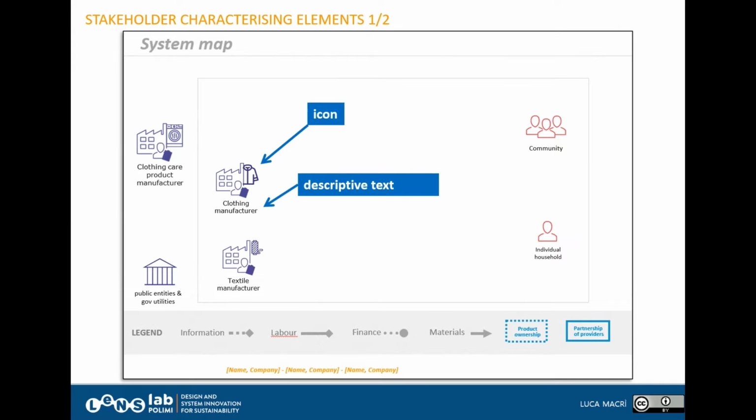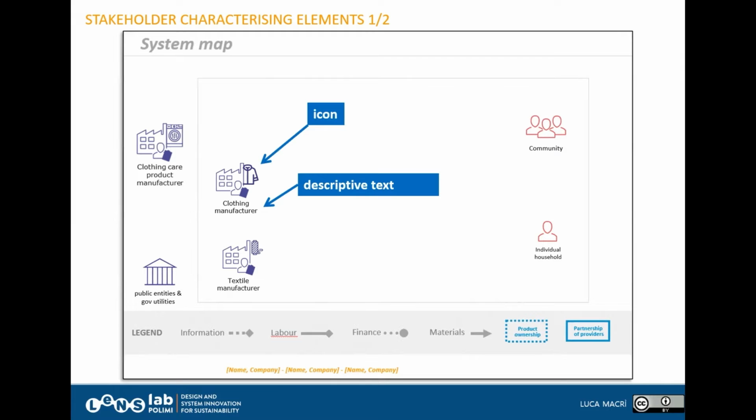Systems are complex. It's very difficult to represent just visually one thing. So it's better also to characterize what the icon is, specifically for your system. We have general icons that could be used, but it's always better that, depending on what you are designing, a clothing manufacturer is better specified as, for example, the jacket manufacturer or some of these examples that are strictly related to your project.